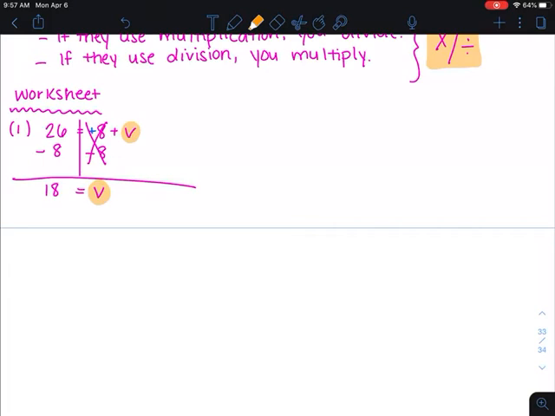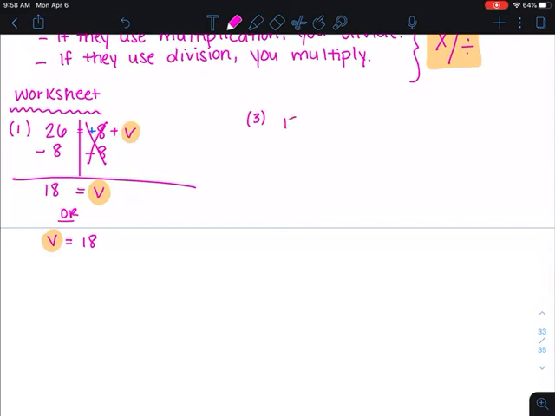Is my variable by itself? Yes, it is, so I can say that 18 is equal to v. Or v equals 18. Either way works. You can flip-flop it either way. They will both get the job done.